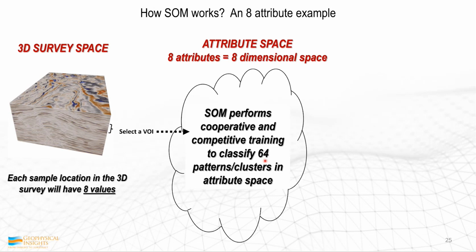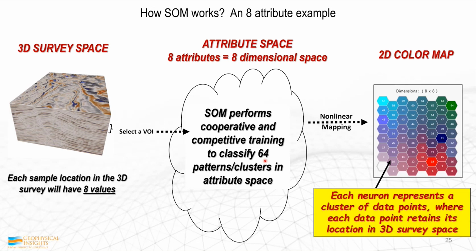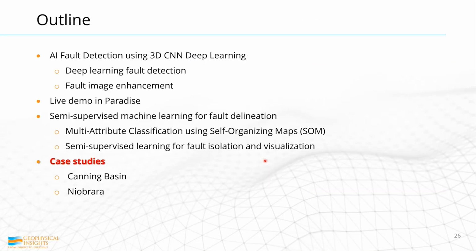This is an 8x8 SOM topology. After classification, a nonlinear mapping technique maps the clusters onto our 2D color map. Each neuron on the color map represents a cluster of data points, and each data point retains its location in 3D survey space. So that's a very brief, condensed explanation of SOM.